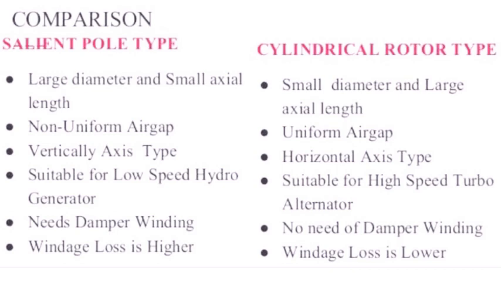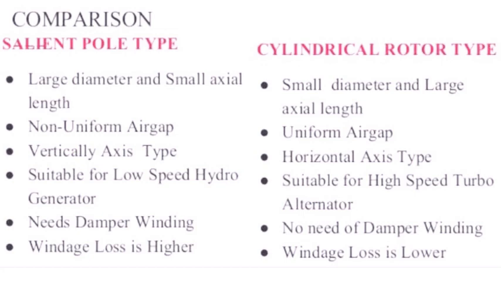The salient pole type synchronous motor is suitable for low speed hydro generators, and the cylindrical type rotor is used for high speed turbo alternators, and the generator of a synchronous machine is known as an alternator.